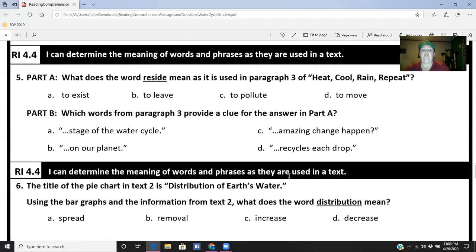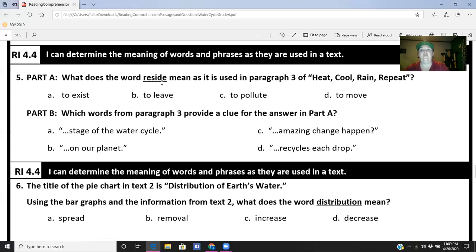Question number 5, there are 2 different parts. Part A, what does the word reside mean as it's used in paragraph 3 of Heat, Cool, Rain, Repeat? Again, that's the story, the passage that we're going to be reading today. So we're going to be looking at paragraph 3, thinking about what it means when it uses the word reside.